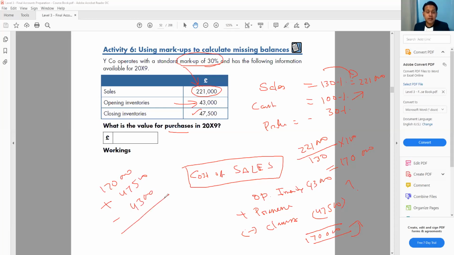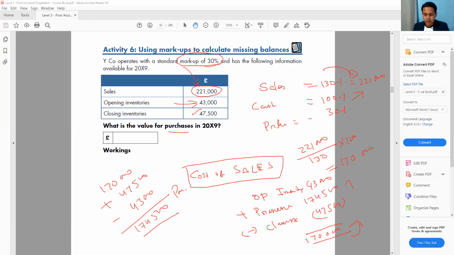And whatever the figure is, this is your balancing figure, purchase. How much is it? Can you get the figure? So we have 174,500. This is my purchase.